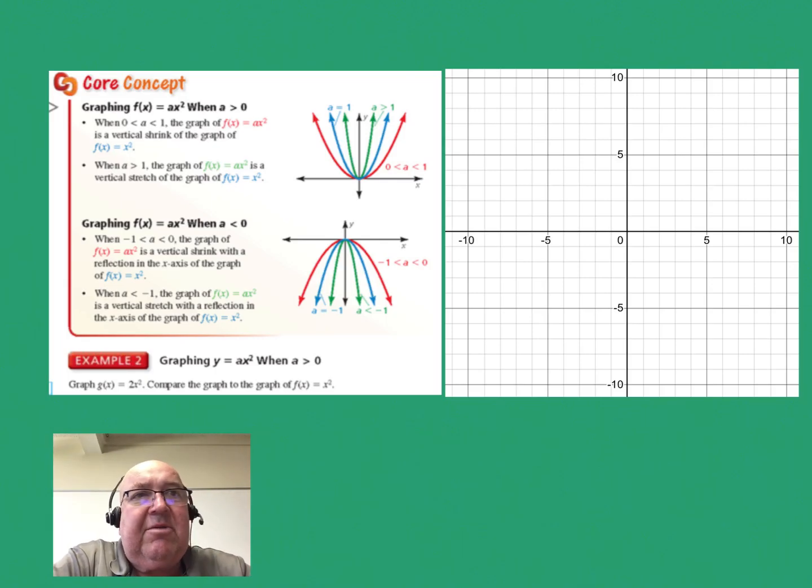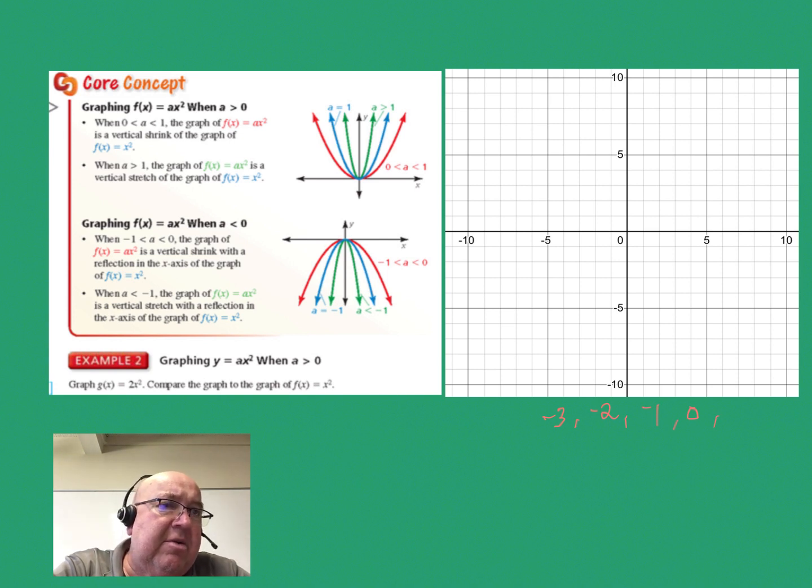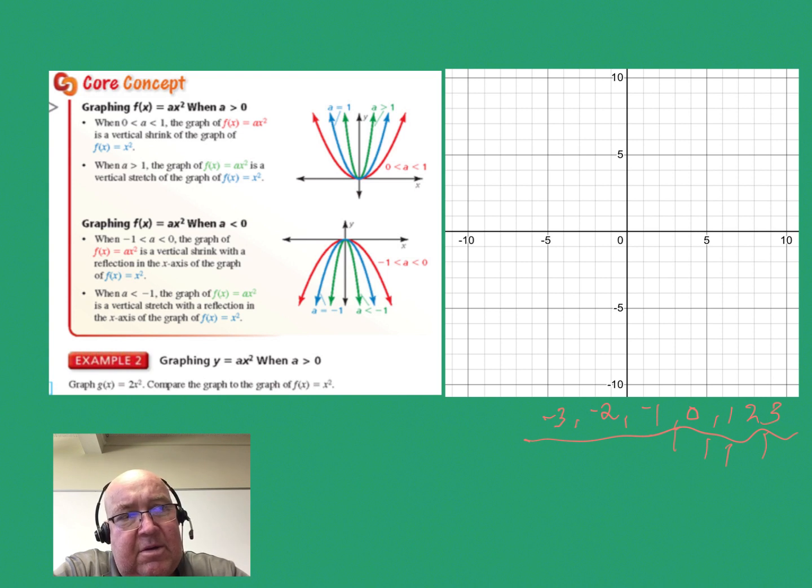Alright, first off, we want to graph ax squared, or just x squared. So if we do that, if we go from -3 to -2 to -1, 0, 1, 2, 3, and make a table, and just square those, we're going to get 9, 4, 1, 0, 1, 4, 9.